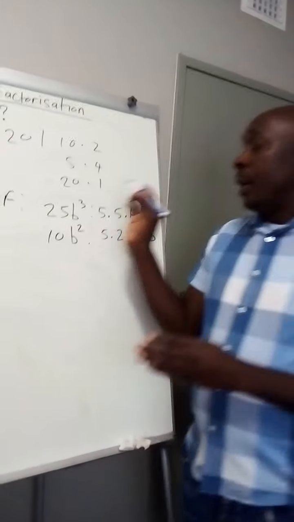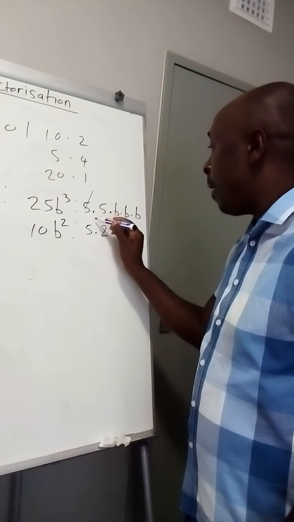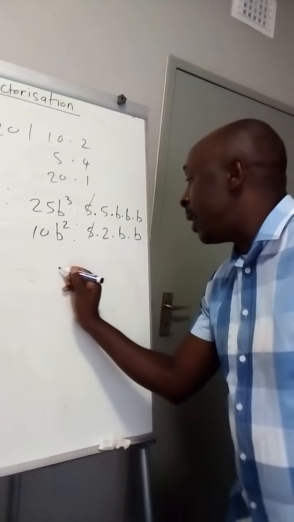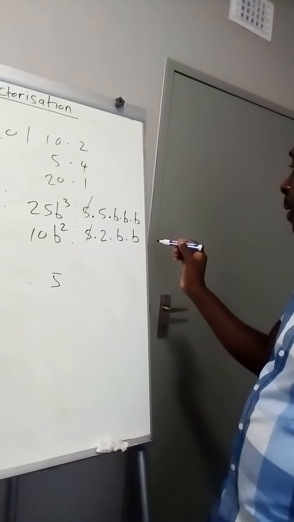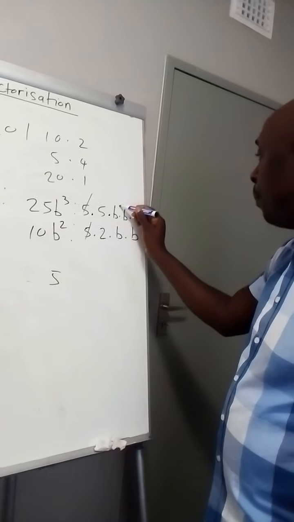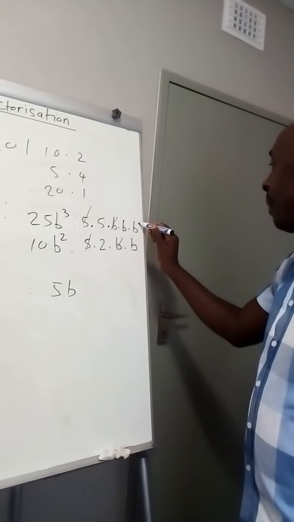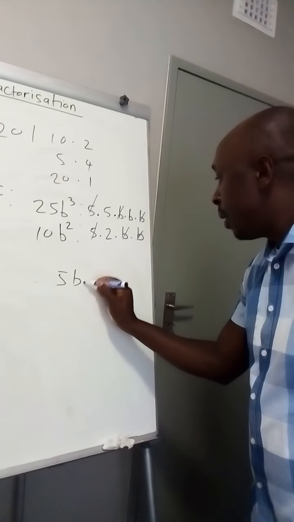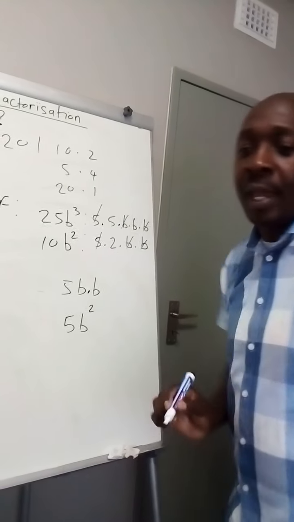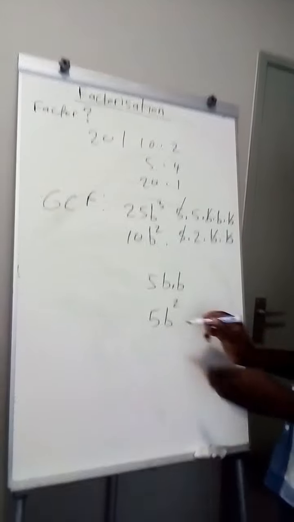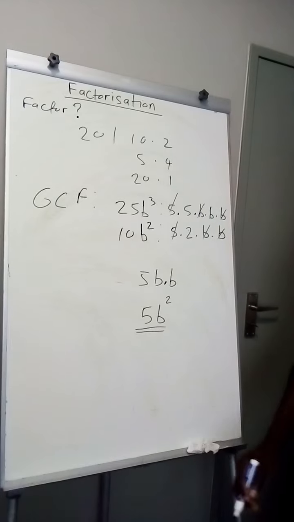Now, what are the common factors in both terms? 5 is found in both, so we take 5 down. Then we have b and b, and another b and b, which gives b squared. So our GCF is 5b squared. It's very simple.